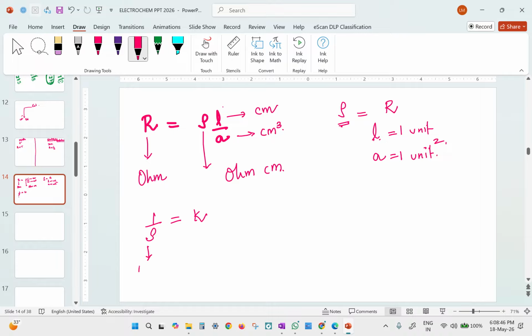As rho is resistivity, kappa is conductivity. So the conductivity's units will be exactly the inverse of the resistivity's units, which will be ohm inverse centimeter inverse.